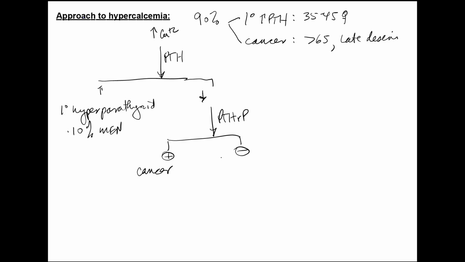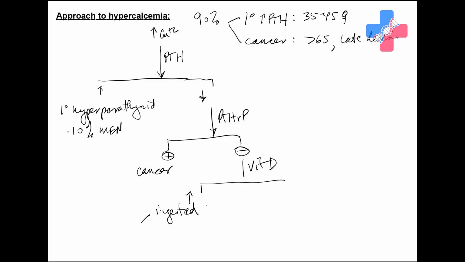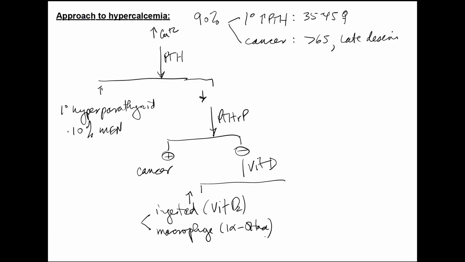If it is negative, the next commonest cause in America will be due to vitamin D abnormalities. If that is increased, there are two common presentations. One is because it has been ingested, and this will be a vitamin D2, the commonest storage form. But if it is due to macrophages, because these have 1-alpha hydroxylase, then it will be a vitamin D3.